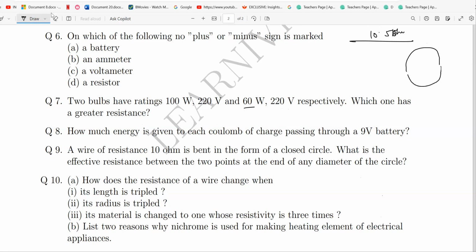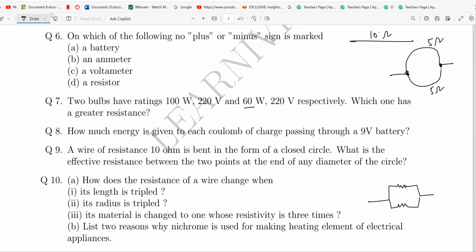Okay. And this half of the wire is going to have 5 ohm resistance. This is also going to have 5 ohm resistance. And they are connected now to this diametrical end. Means actually we can simply say that this is the 5 ohm resistor like this. And this is the another 5 ohm resistor like this. Because if the full wire is 10 ohm, then the half wire is going to have how much? 5 ohm. Okay.